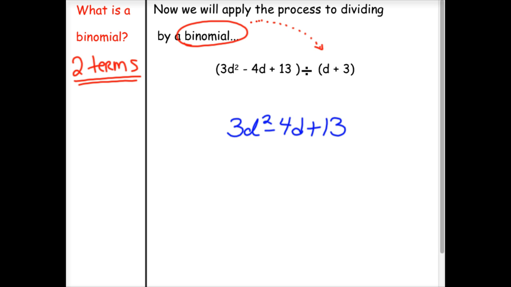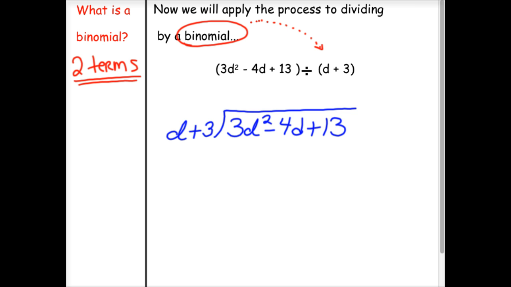I'm going to take 3d squared minus 4d plus 13, and I'm going to put it under the division bar, and I'm going to divide it by d plus 3. I'm just going to pause here because I want everybody focusing, not writing. So hence, I'm going to go really slow through this example. It's the only one I'm actually going to do, and then we'll go do some on the homework.